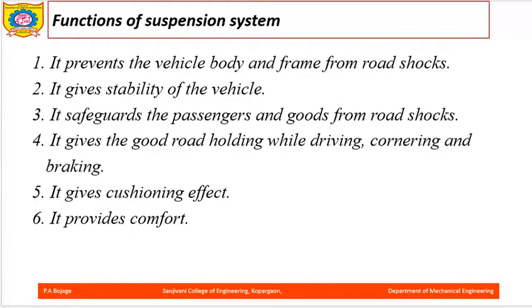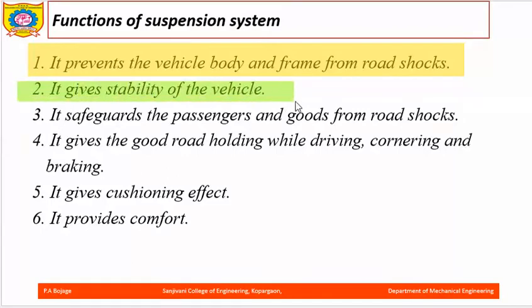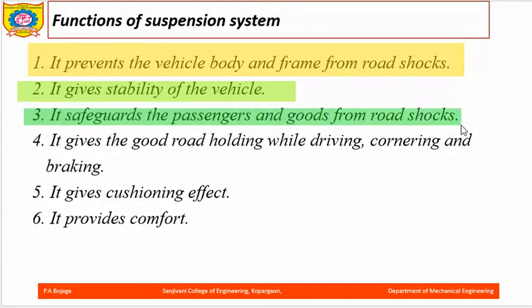Now, let us discuss the functions of the suspension system. What is the function of the suspension system? First, it protects the vehicle body and the frame from road shocks. It gives stability to the vehicle. It safeguards the passengers and the goods from the road shocks. Again, it absorbs the road shocks.